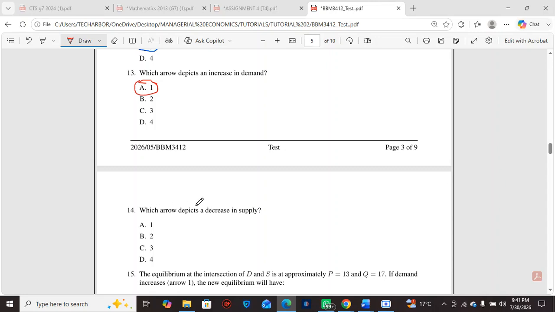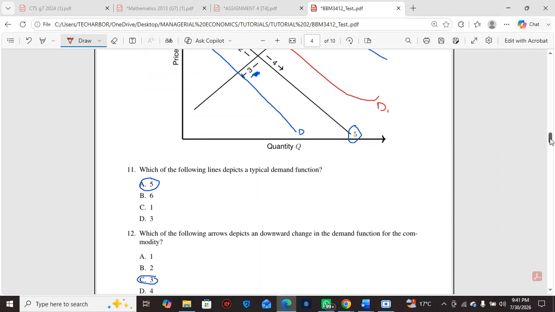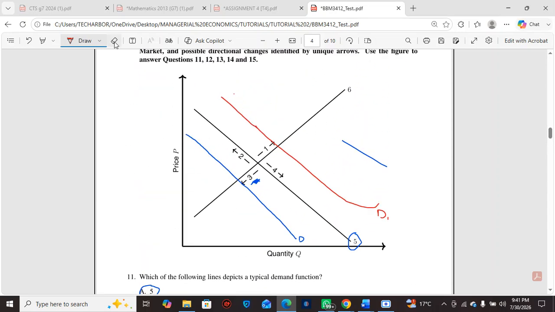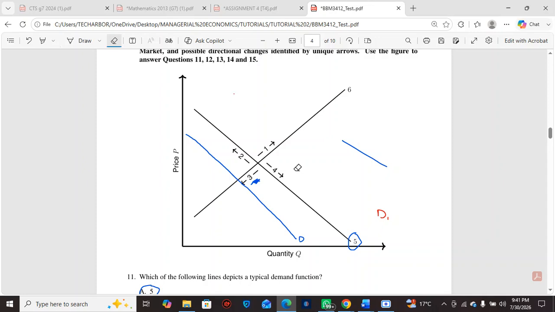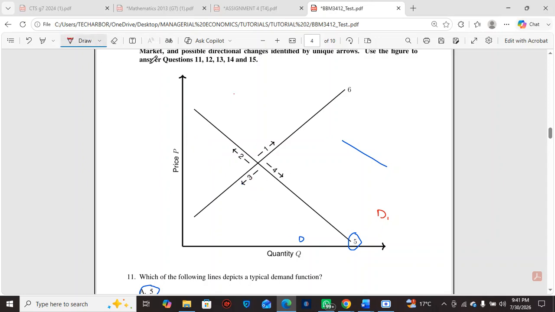Which arrow depicts a decrease in supply? Decrease in supply, and the supply curve shifts like this. The supply curve is curve 6.